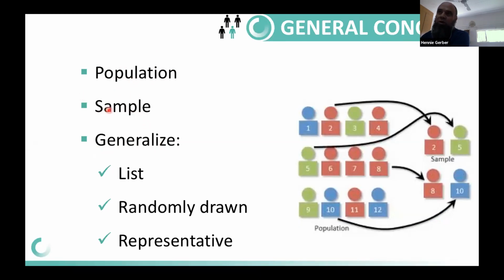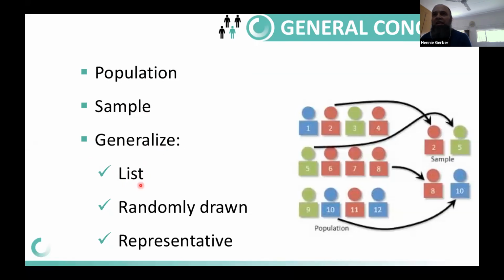Then the sample, what is the sample? The sample is a subset of this population. So you draw from this population. If we want to generalize from the sample that we take to the population, there's three things that must be in place. And this is now statistical generalization.